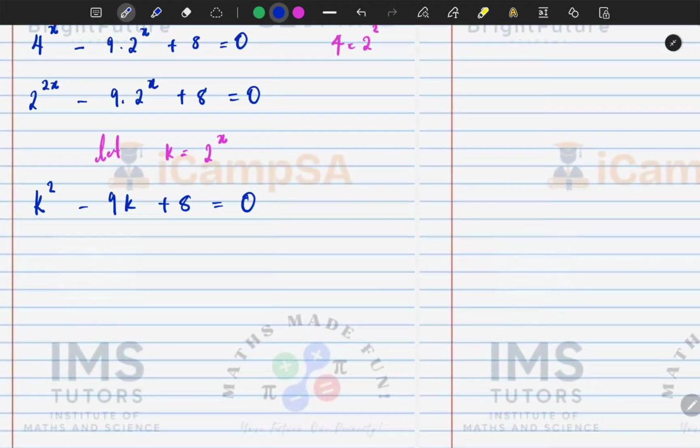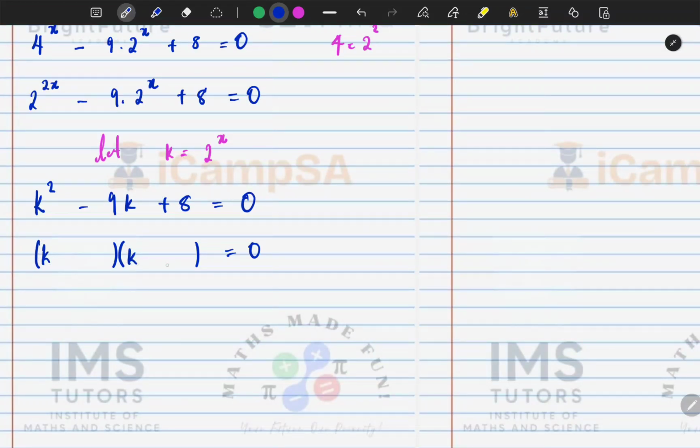So now what you have is an equation which you can factorize and then solve for k, right? You are going to open 2 brackets, with k in each.